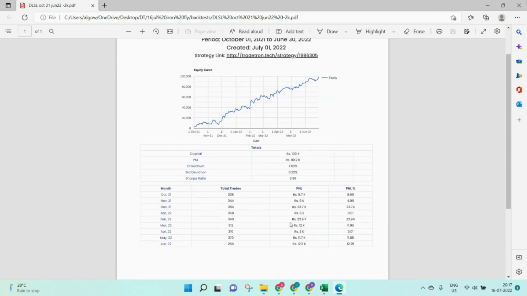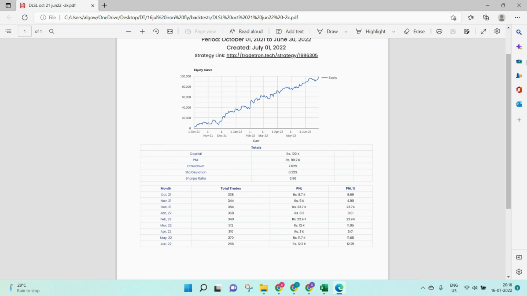So it has generated on an average 10,000 rupees as a gross profit. And if we see the number of trades, let us say around 3,000 rupees will go to expenses and brokerage. So we will be left with around 7,000 rupees. So 7,000 on 1 lakh capital over 9 months is around 7% return net basis.